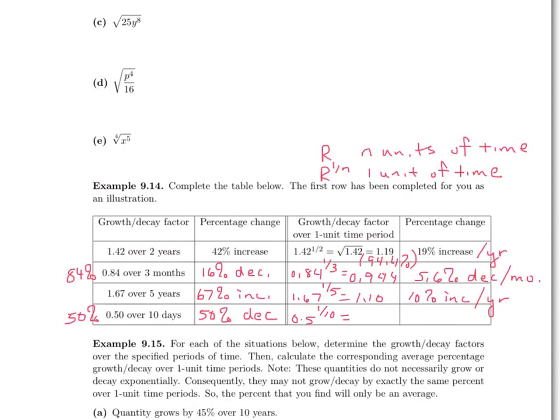And if we work that out on our calculator, that's approximately 0.933, which translates into 93.3% remaining. Again, the factor is the percentage remaining. So, what have we lost? We've lost about 6.7%. So we've seen a decrease of 6.7%, and this is per day.